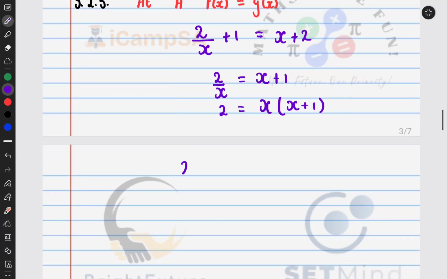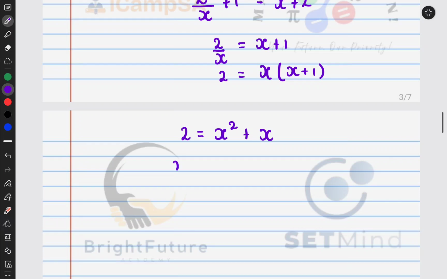Therefore 2 is equal to x squared plus x, and then let's put everything on the same side. We have x squared plus x minus 2 is equal to 0.